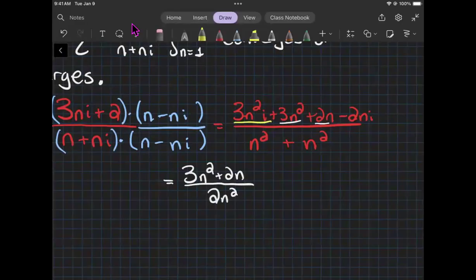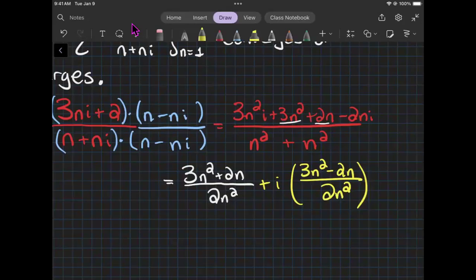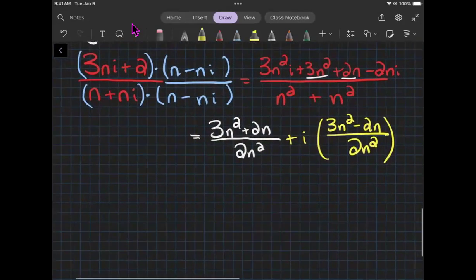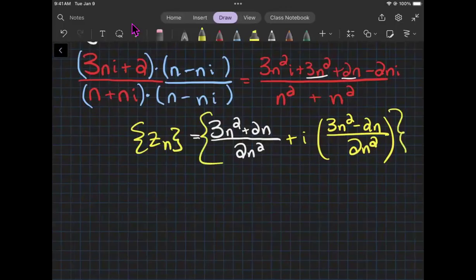And then the imaginary component will be plus i times (3n squared minus 2n) over 2n squared. So the sequence z sub n will equal the sequence with the real and imaginary components listed like these, respectively.